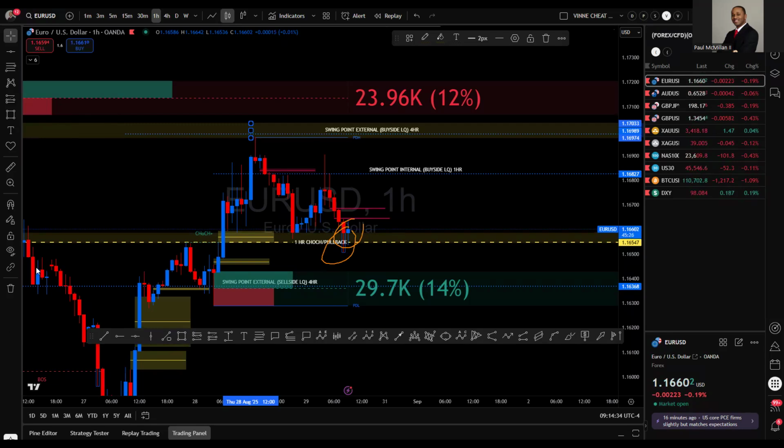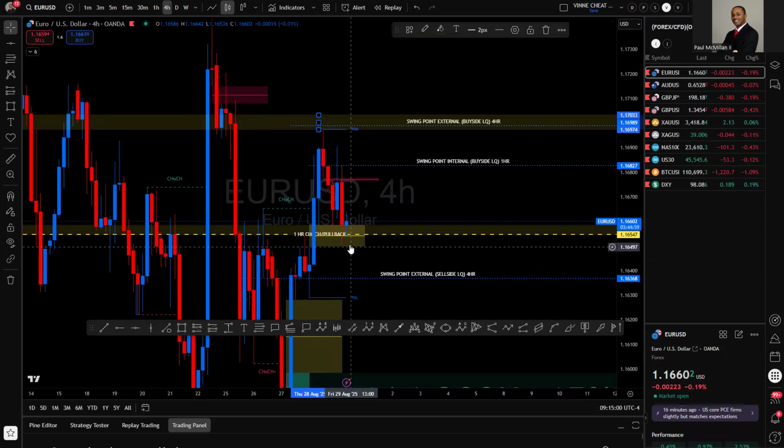So the next thing you want to do is, and it's going to take an hour. So basically at 10:15, which is actually good, at 10:15 this is when we want to see a fair value gap form, and then wait for a close of that fair value gap. Now we have the same thing on a higher time frame.